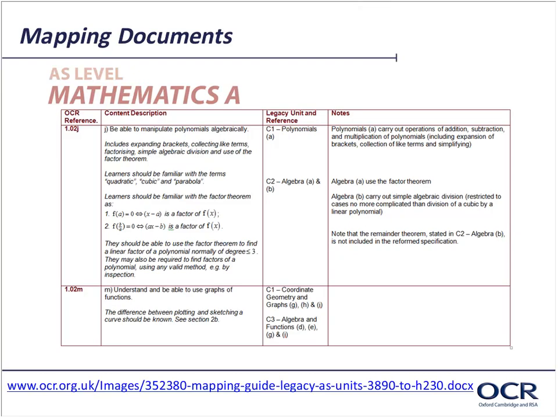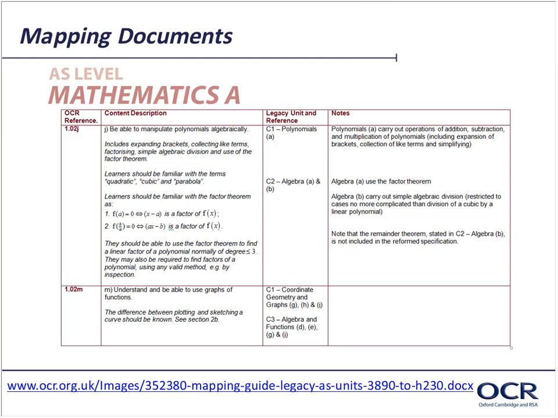In order to support teachers in this transition, we have produced some mapping documents, because there's no reason to scrap all the work you've been doing preparing schemes of work for the legacy A-level. And it was actually part of our redevelopment: mapping documents that say, right, so this is the new content, where did it come from?